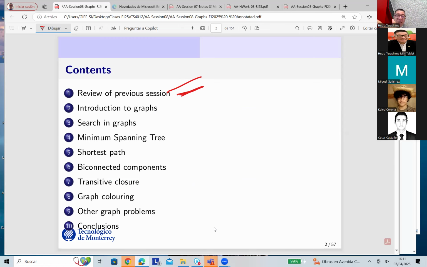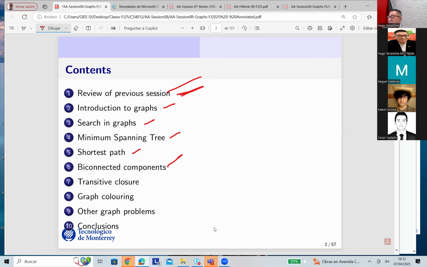And this topic is a new one, also an important one, but we are going to use it just for the final exam, right? So we're going to do a brief introduction of graphs, search in graphs, and then algorithms for the minimum spanning tree, the shortest path, and the biconnected components.